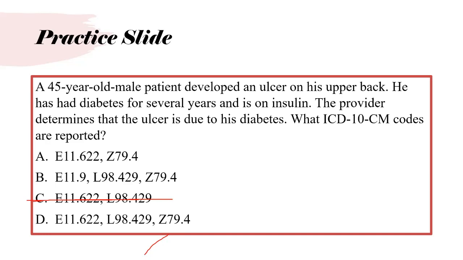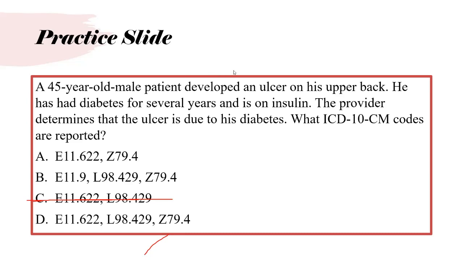So we have a patient with diabetes, but they also have a problem. We also know the patient is on insulin, and that problem is that they have an ulcer on the back. So how would you go about coding this?